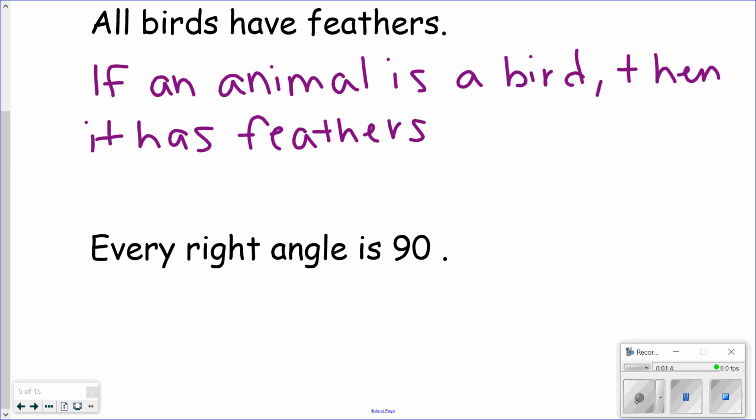Let's try this again with this next example. Every right angle is 90. So an if-then statement for this could be if an angle is a right angle, then it is 90 degrees.